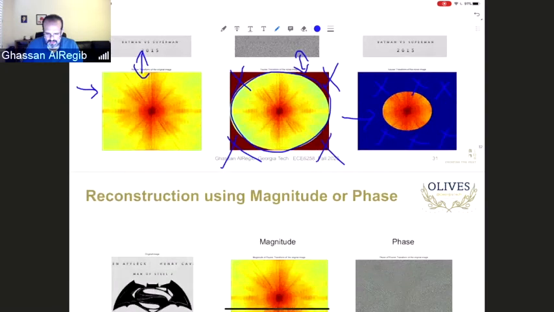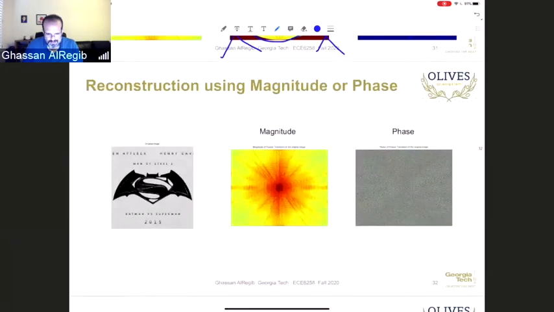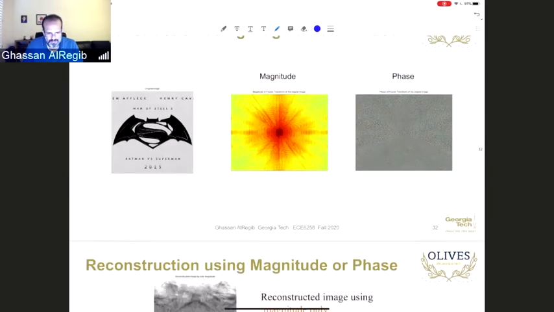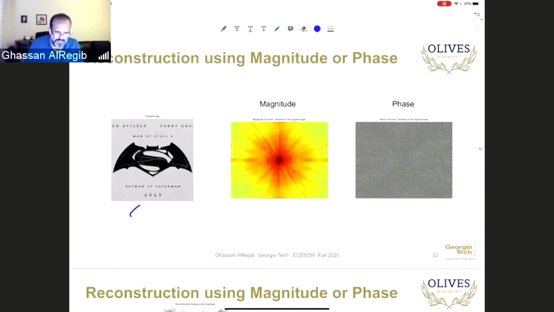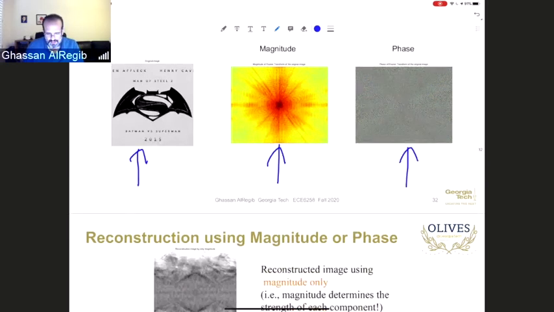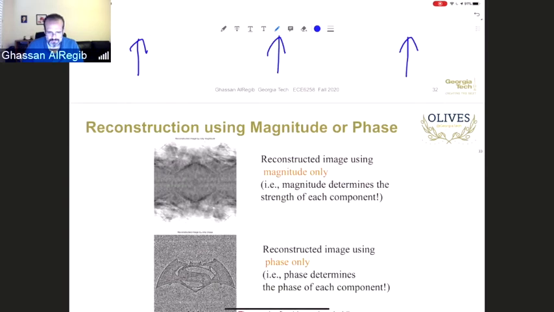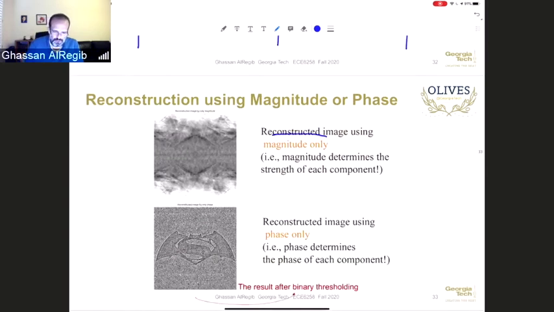This is just an experiment for your own benefit. Take the image, take the magnitude of the DFT, plot the phase of the DFT, and then try to reconstruct the image using the magnitude only. You get these, especially because you get the strength of every component.